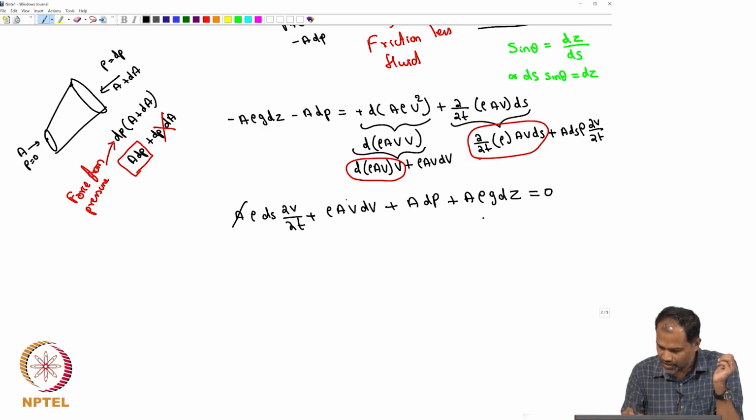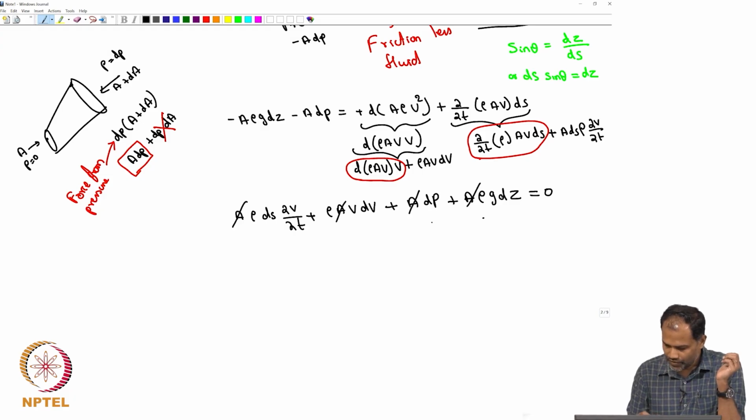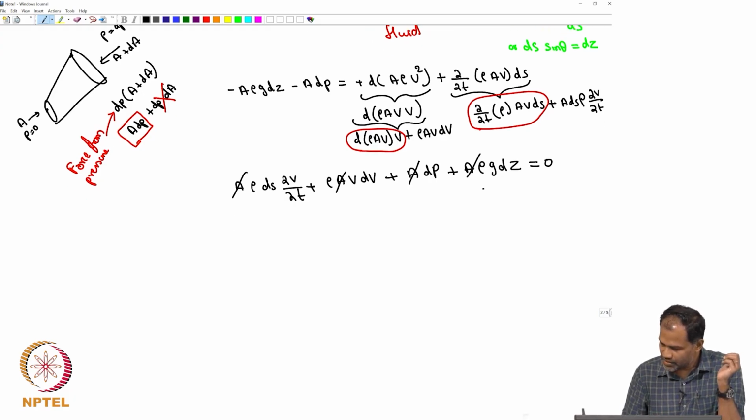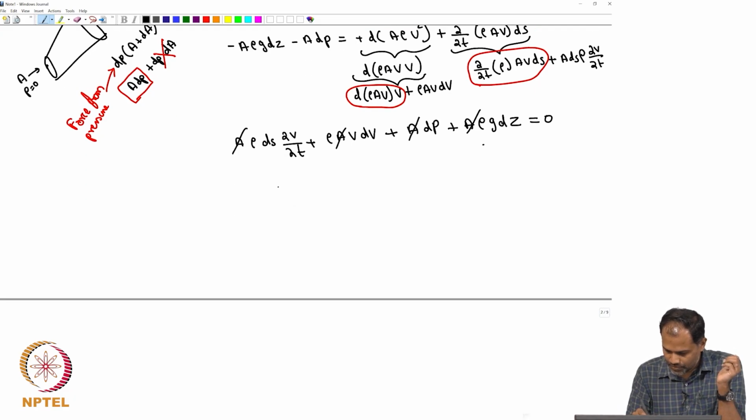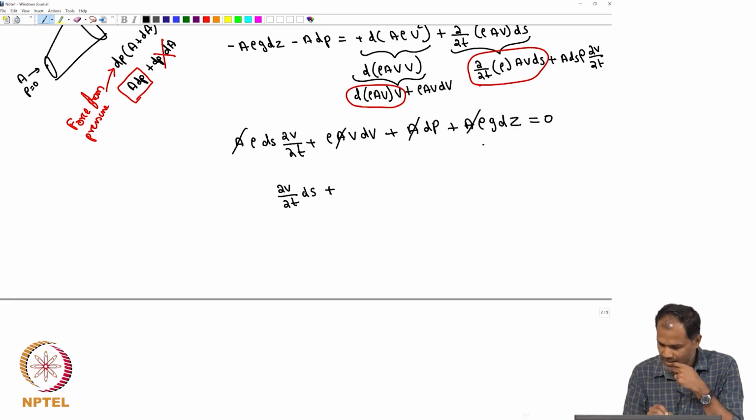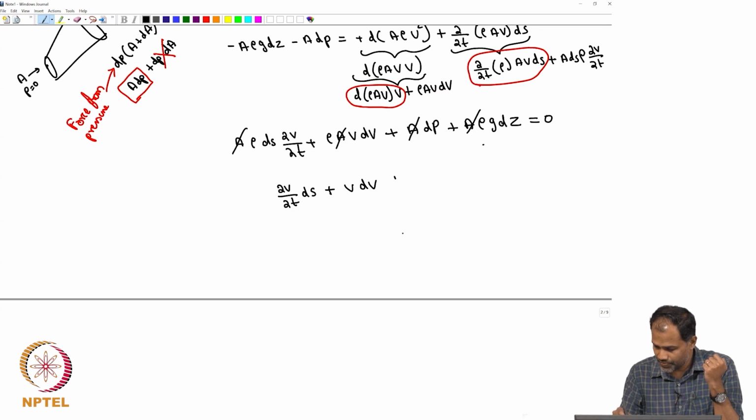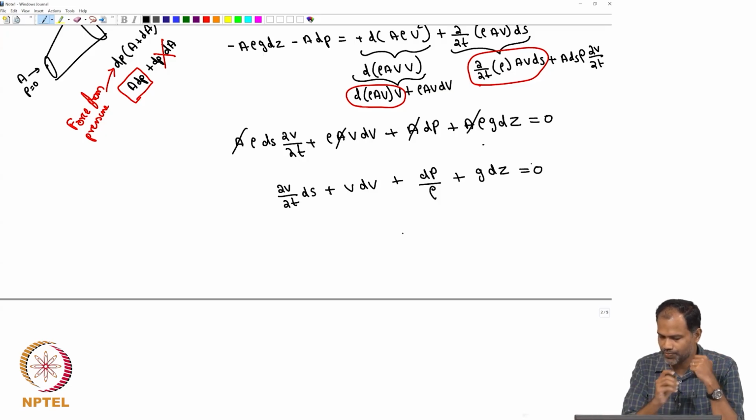We will cut out A from all of them, and therefore, we get ∂v/∂t times ds plus, dividing throughout by density, v dv plus dp/ρ plus g dz is equal to 0. Okay.